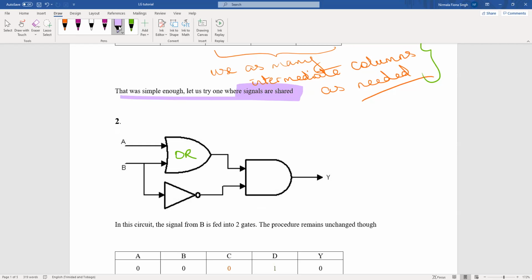We are taking some of B and feeding it into the OR gate, and then we're going to take some of that signal and also pass it through a NOT gate. So this means the signal B is being used in two gates. We can do that because it's electricity. We can send signals wherever we want. So we have an OR, and then we have an AND gate at the back here.